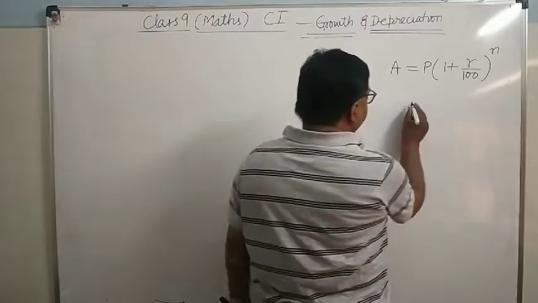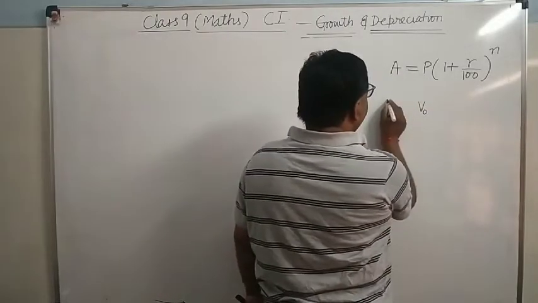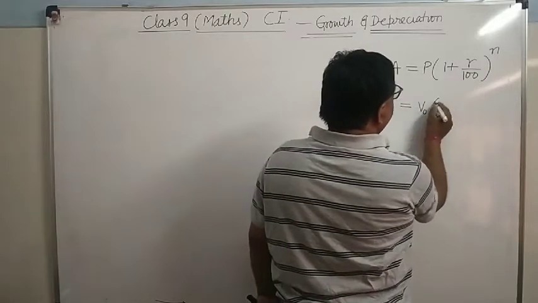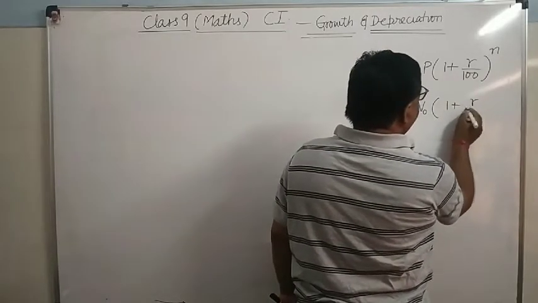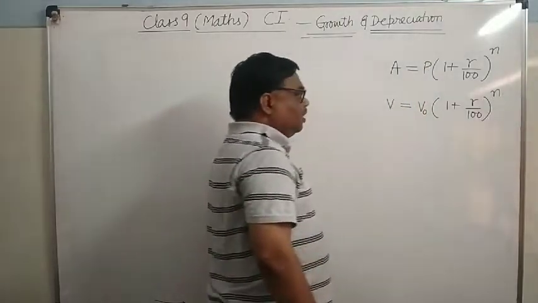In place of P, we will take V naught. In place of A, we will take V. It is V equals V naught (1 plus R upon 100) whole to the power n. V naught means the original value, and V means the value after n years.